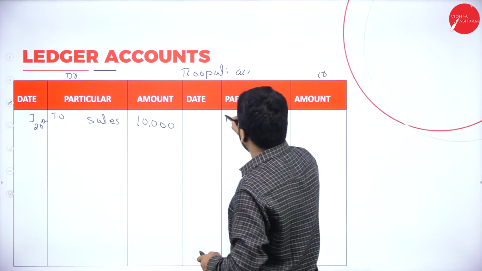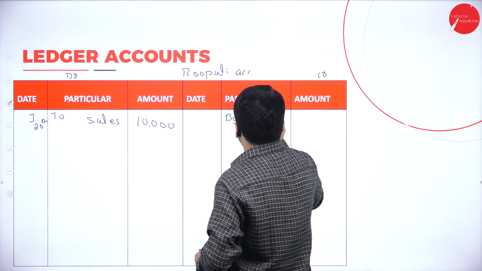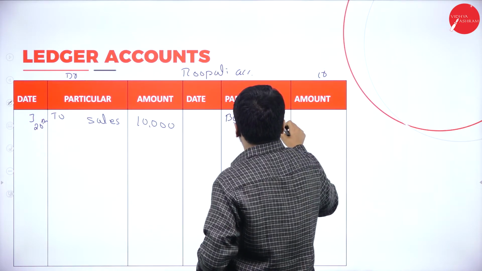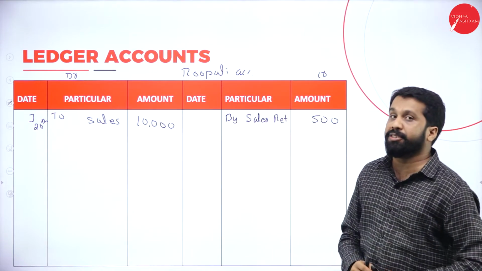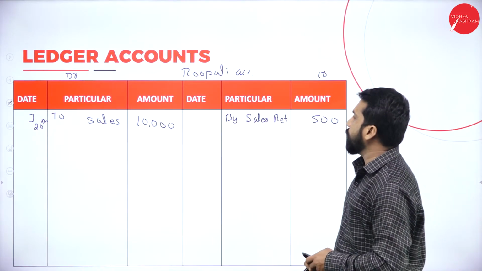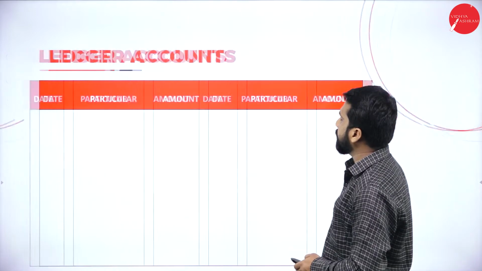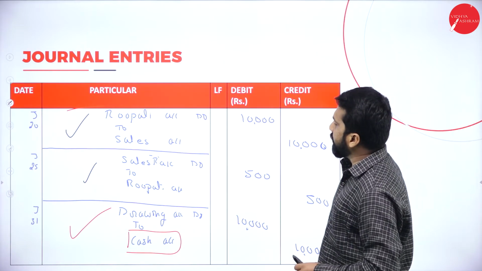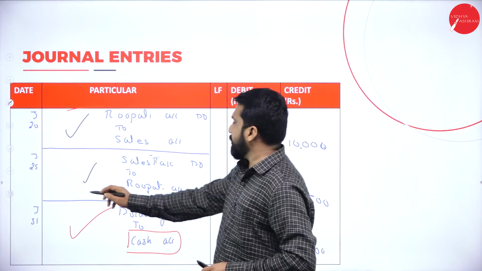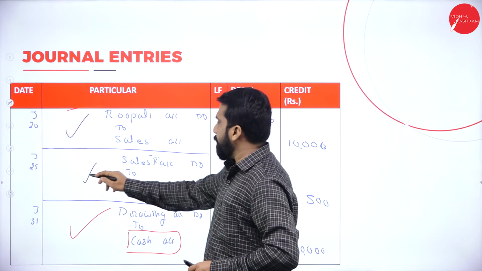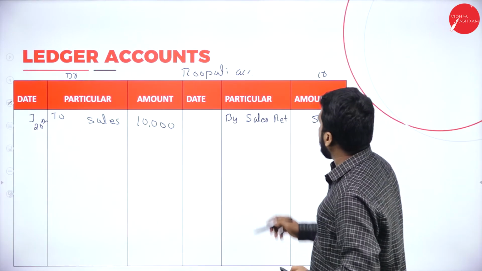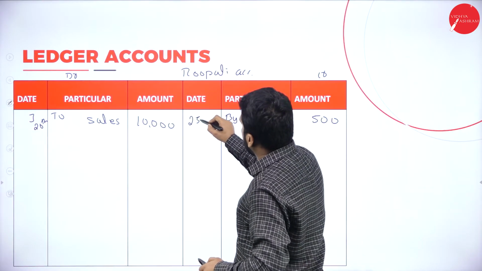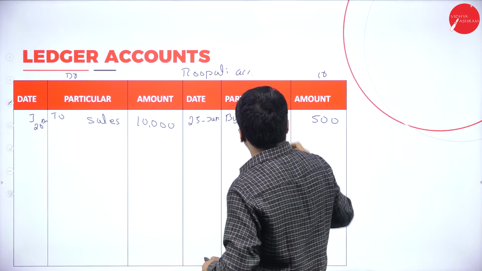What is the date? The date is very simple, it is 25th January. Amount is 500.